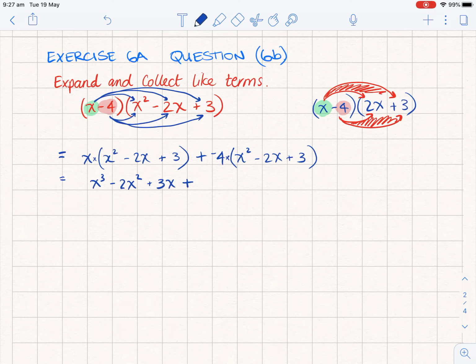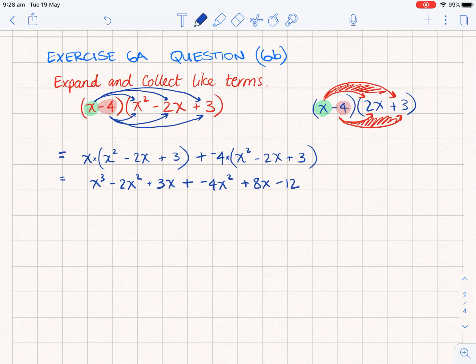And so I'm going to add all of the next values. Negative 4 times x squared will be negative 4x squared. Negative 4 times negative 2x is positive 8x. And negative 4 times positive 3 is negative 12.